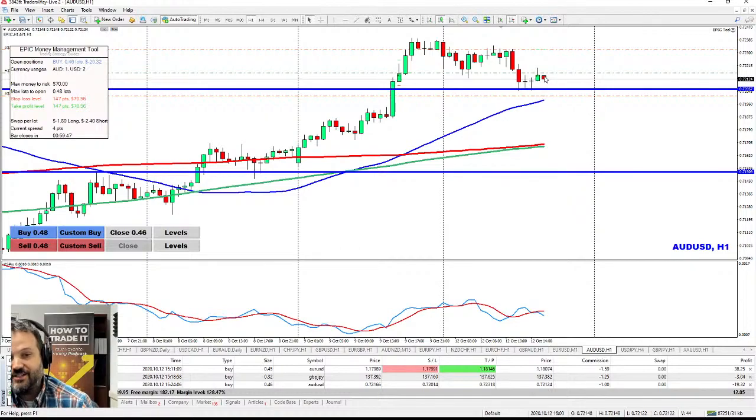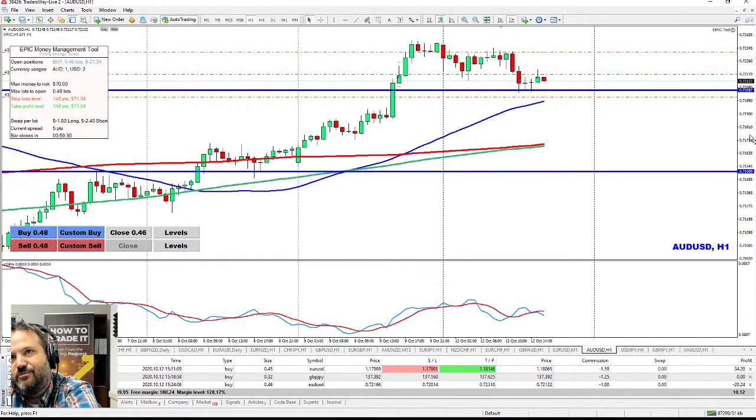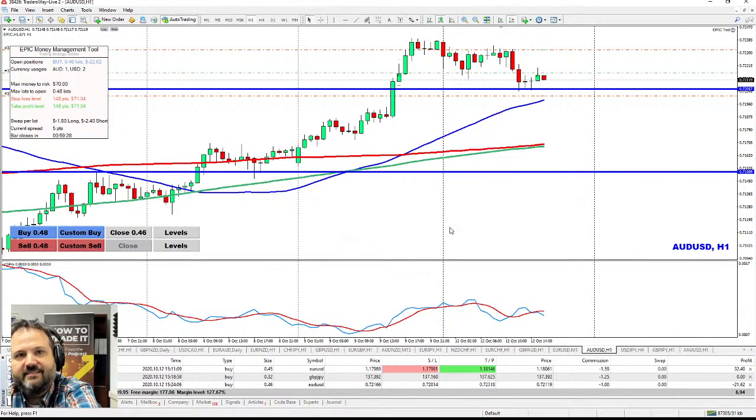So if your first trade's a good trade, then you're not making as much money on it, because to fit within your risk parameters, you have to take a smaller trade on the first one. And if you're right, you make less money. So that's kind of the drawback for that.